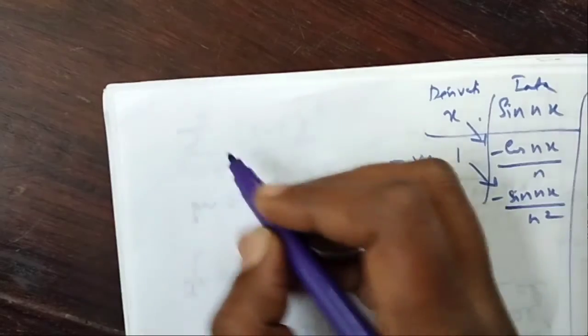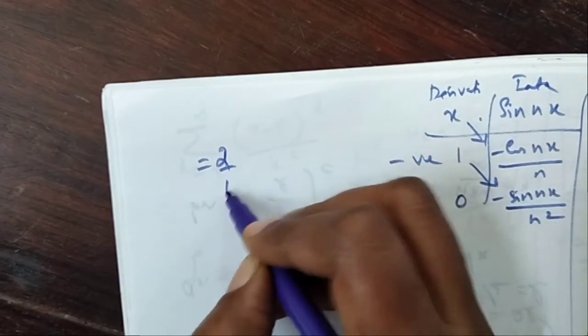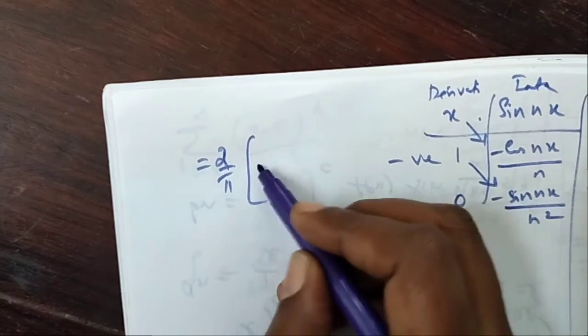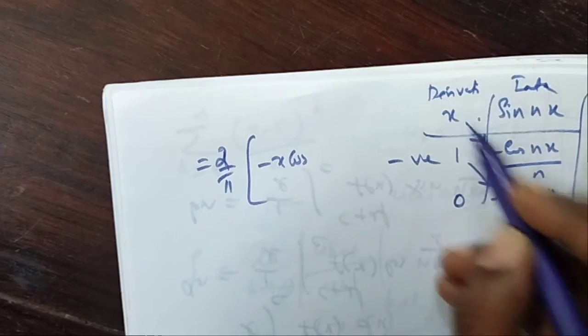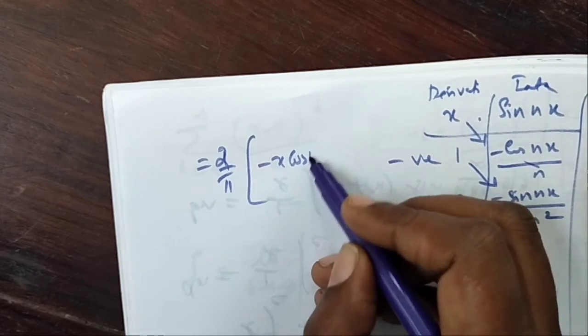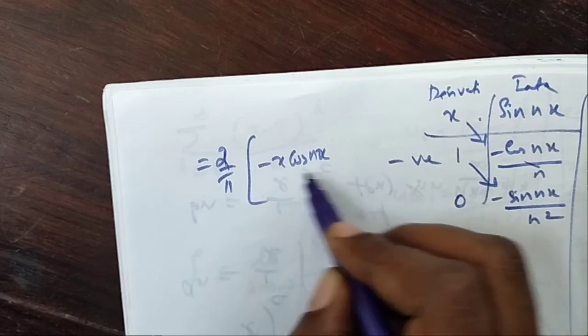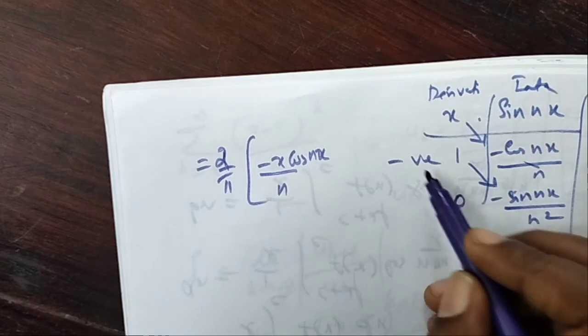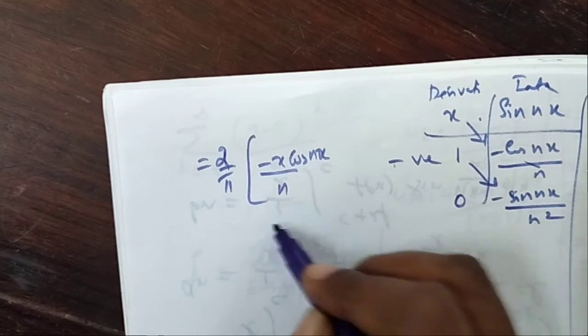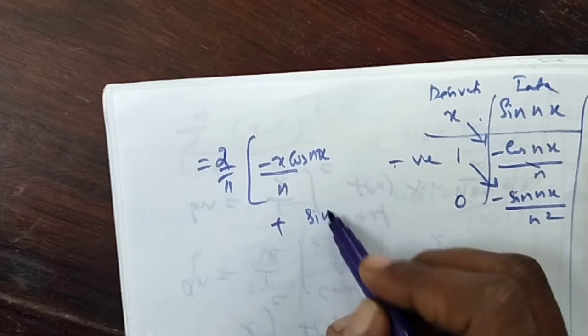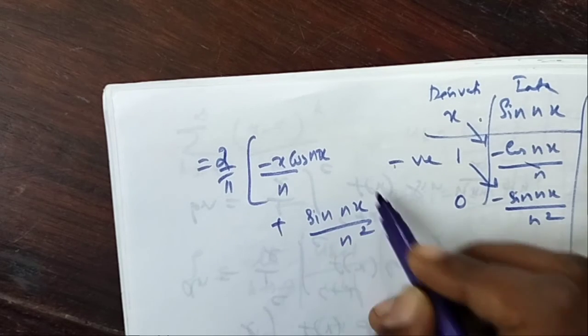Okay, so the answer is 2 by pi into minus x into cos nx whole divided by n, then minus 1 into minus, so plus sin nx by n square, limit from 0 to pi.